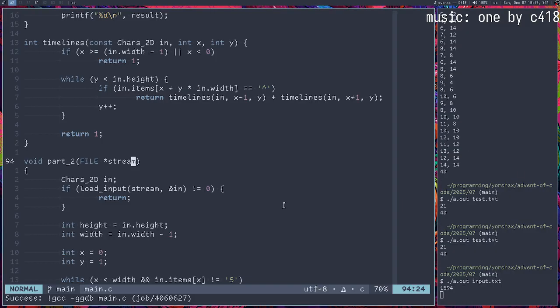Come on! I wonder how much it loads my CPU right now. Well, that's a lot.